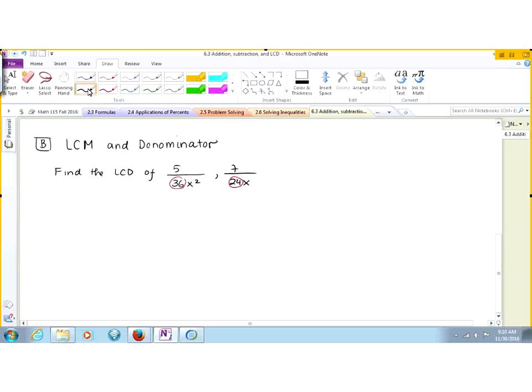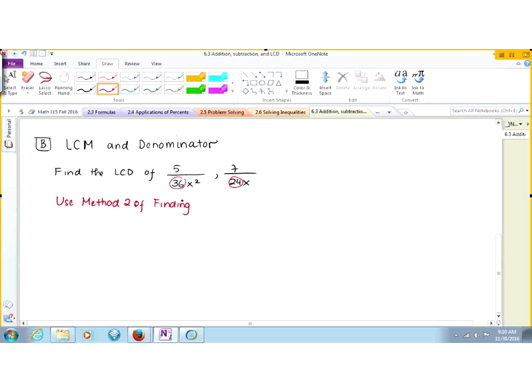So anyway, find the LCD of 5 over 36x squared and 7 over 24x. I guess what we will do is we will use method 2. What is method 2? Method 2 of finding LCD.